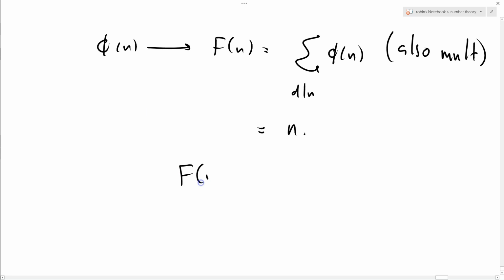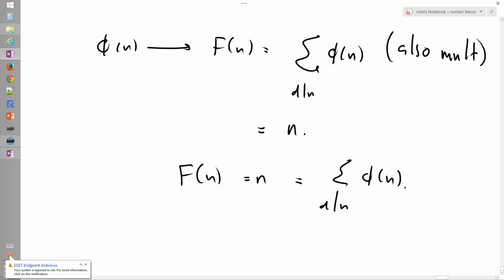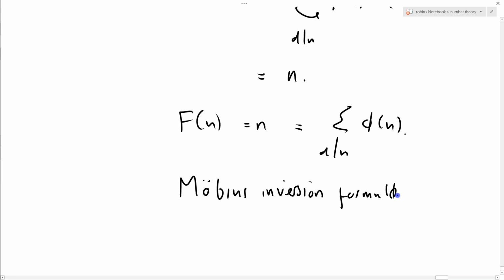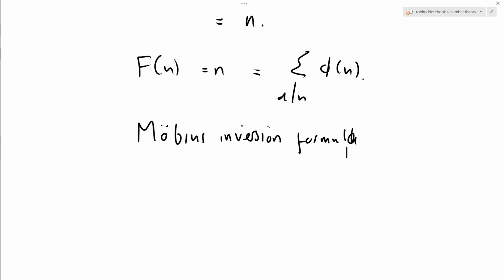So F of n was just n for any value, and that was the sum over d divides n of phi of d. And now what I'm going to do is use the Möbius inversion formula. Let me write that out again, and we'll play with this and see what happens.